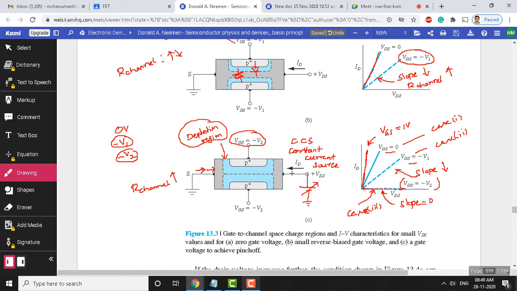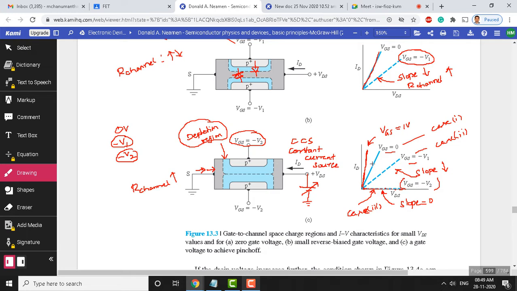This can even be established another way. We will see that in today's class. So this is a graph which shows different values of VGS. We started with gate source voltage as 0, minus V1, I mean negative gate source voltage, and more negative gate source voltage.